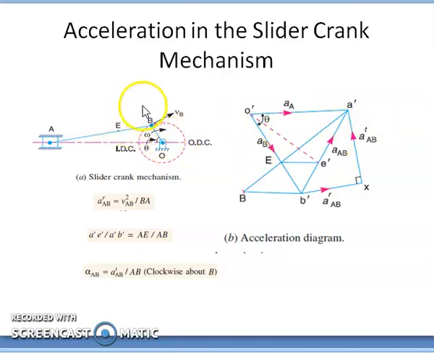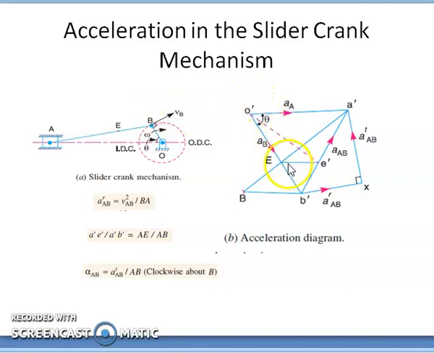And then the crank: it is rotating, executing curvilinear motion, so you have both the radial component as well as the tangential component. But since the crank is rotating with a uniform angular velocity, we do not have the tangential component, which is a function of alpha, because since omega is constant, alpha becomes 0. We have only the radial component, which is directed towards the center of rotation.